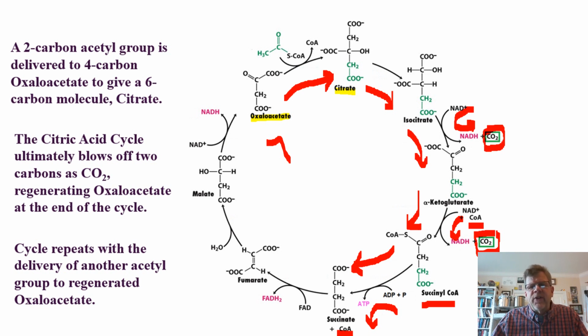We're down at the bottom of the citric acid cycle now with succinate, and now we're going to form the next molecule known as fumarate. Fumarate, basically we've taken a carbon-carbon single bond and we formed a carbon-carbon double bond. In so doing, we have FAD, our other electron carrier, being reduced to FADH2. That is again an ATP IOU.